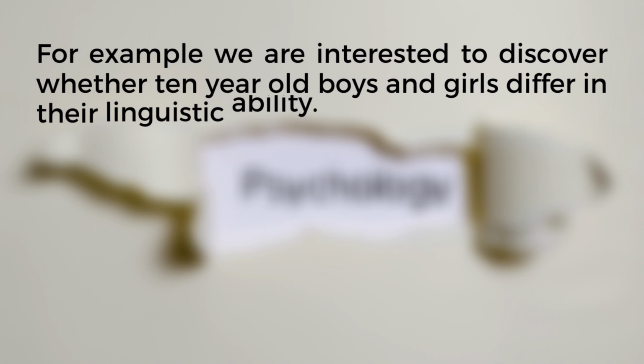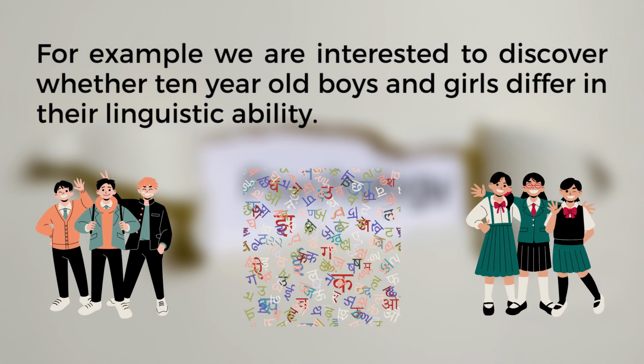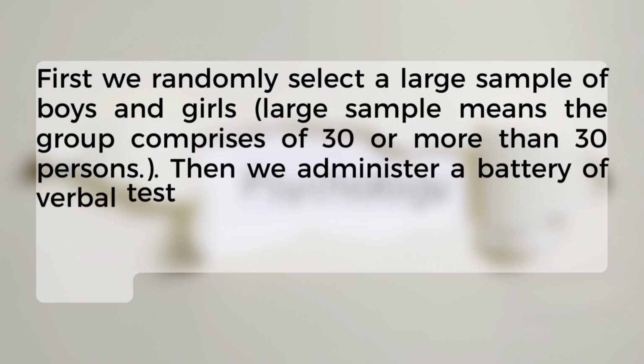For example, if we are interested to discover whether 10-year-old boys and girls differ in their linguistic ability, in this case we have to first randomly select a large sample of boys and girls.